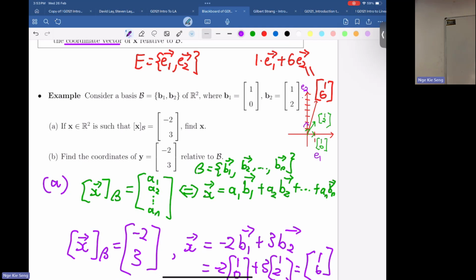So this is what you are actually calculating: the new address inside this coordinate system.